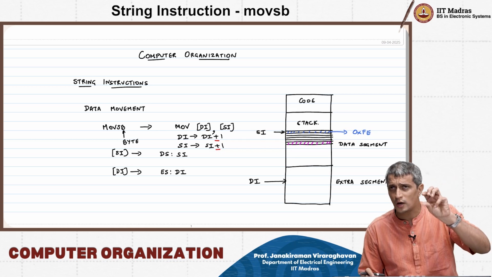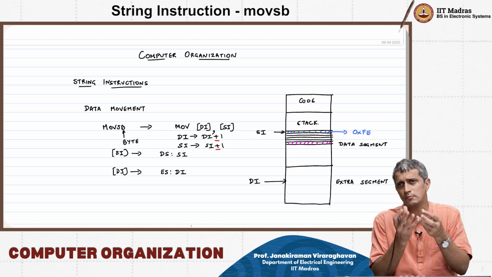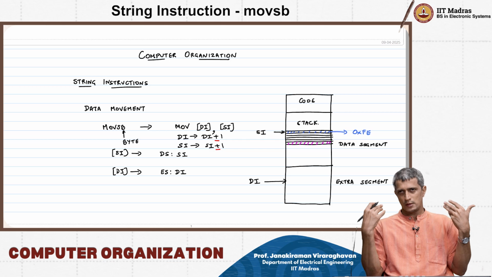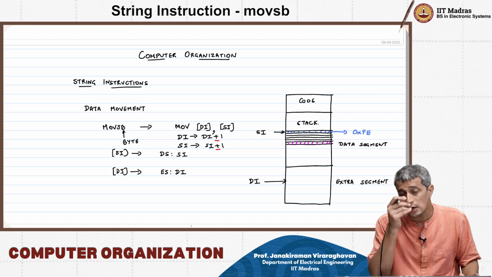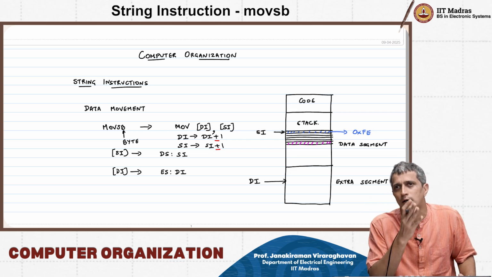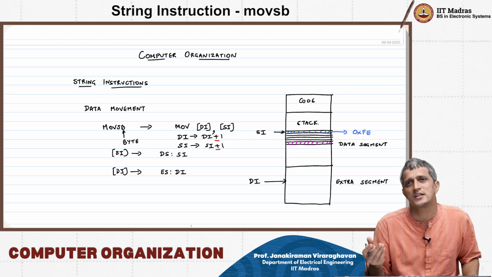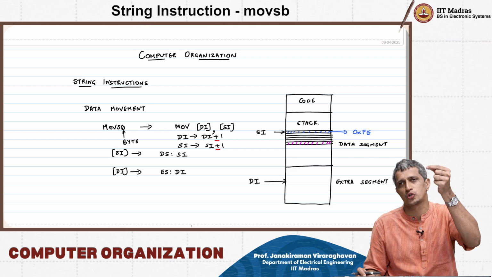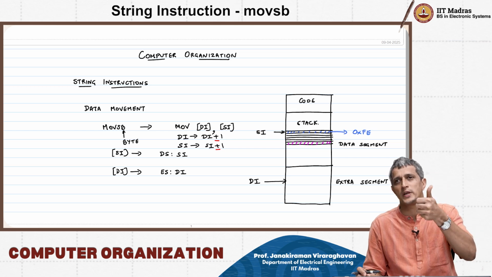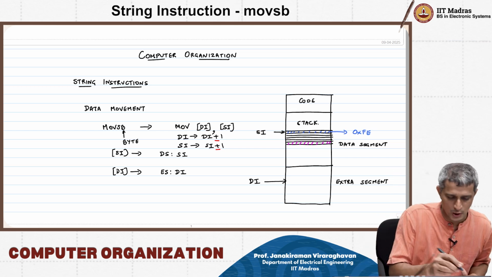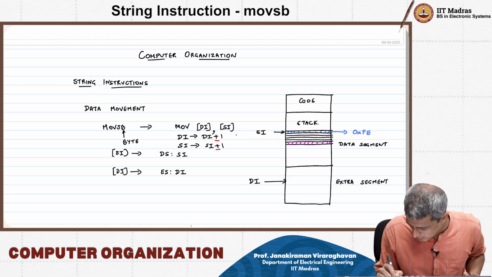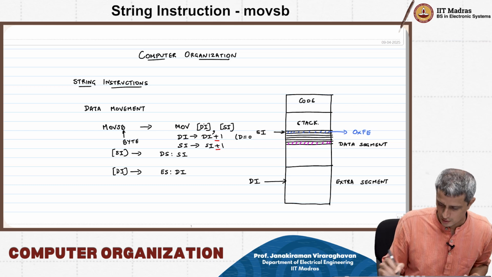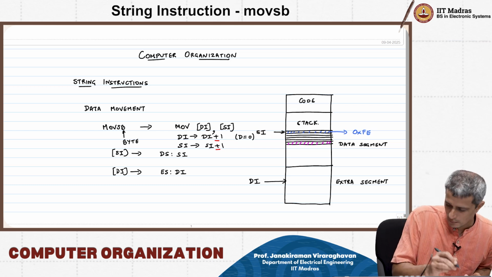But there are also some bits that can be set or reset by the user through an instruction to specifically do certain operations. And one such operation is the direction of the source index, destination index, whether it's going to increment or decrement. So this one is, if the direction flag equals 0, okay, it's in black.